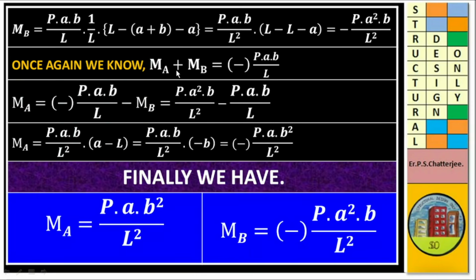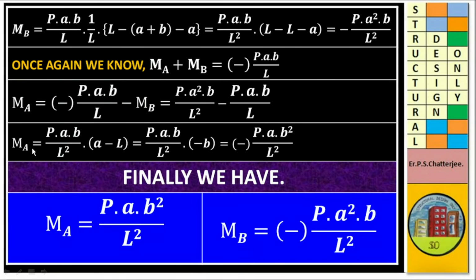Once again we know MA + MB = -P A B/L. MA = -P A B/L - MB = P A² B/L² - P A B/L.